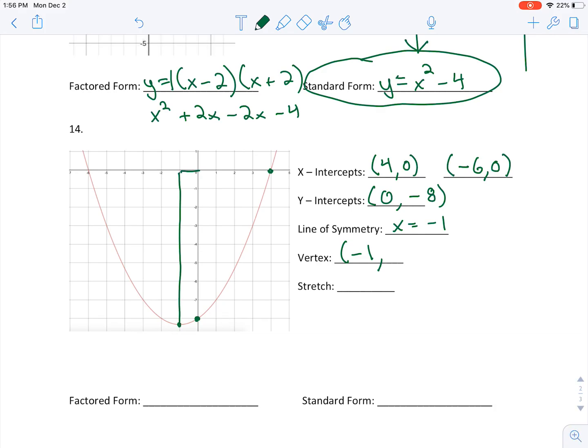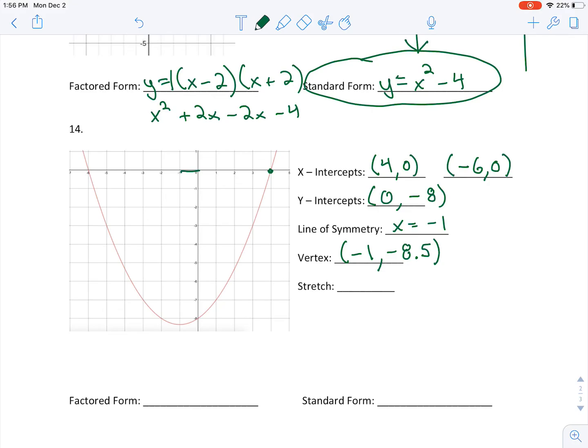The question is, how many down do we go? Well, when I'm eyeballing it, it looks like it's going to be -8.5. So I'm going to go down -8.5. Okay, looks good.